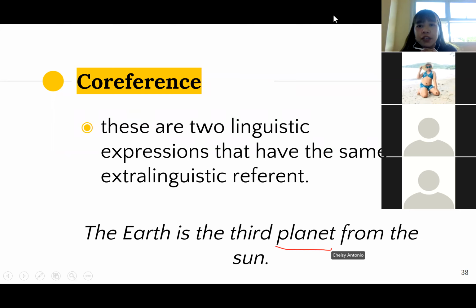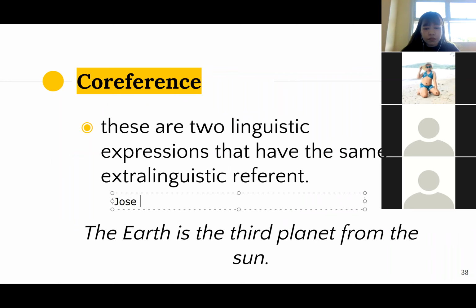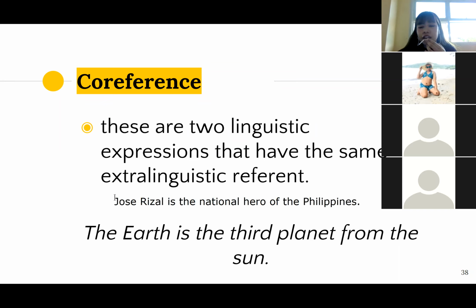So for example, let me annotate another text. In the sentence, Jose Rizal is the national hero of the Philippines, what are the co-referential expressions that we have?